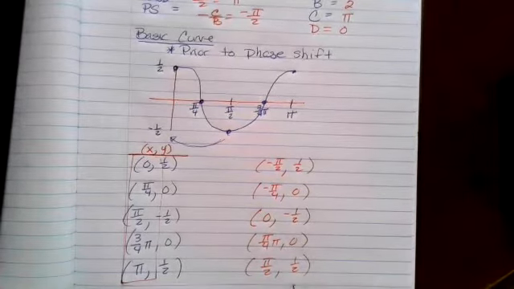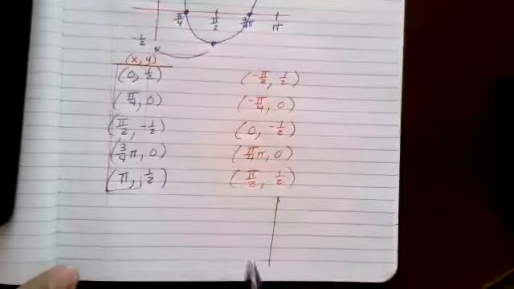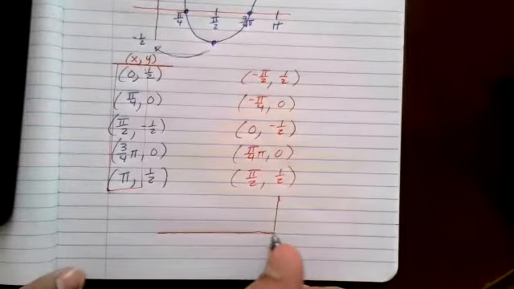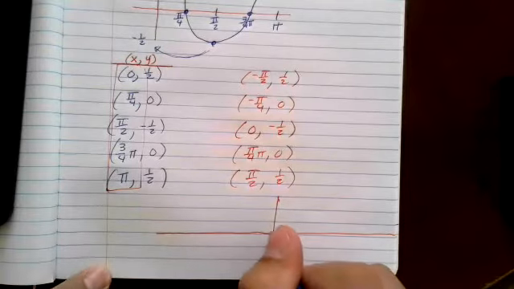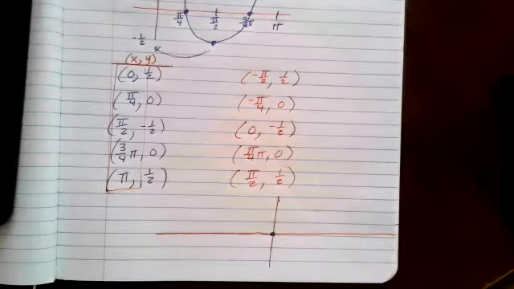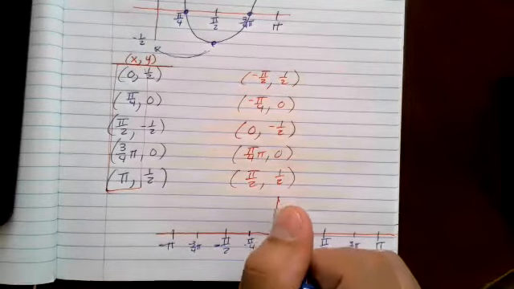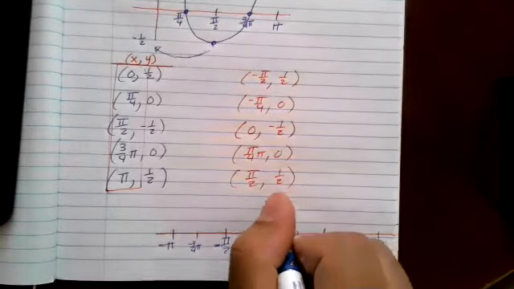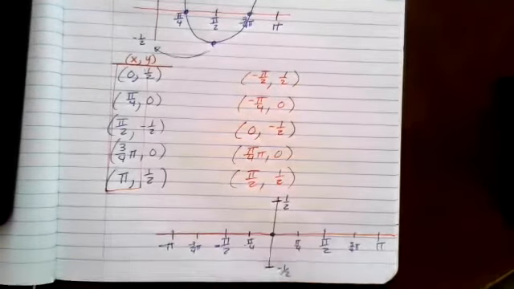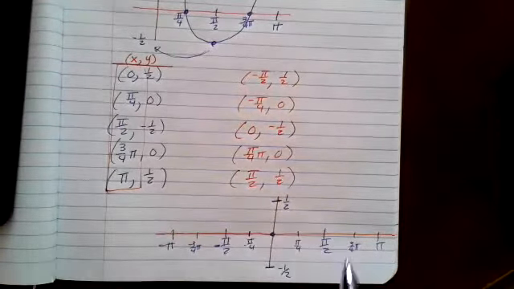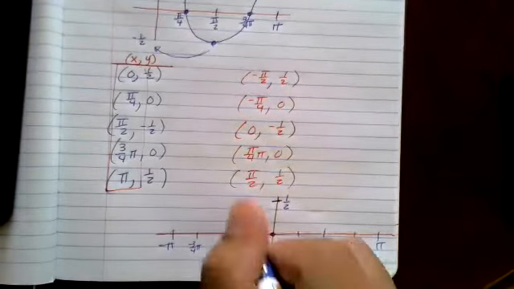Let's take a look. Oops. Graph here. And my amplitude is 1/2 still. So we could start plotting points. Negative 1/2, 1/2.